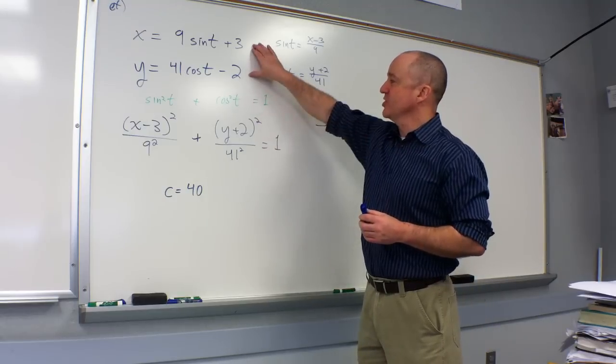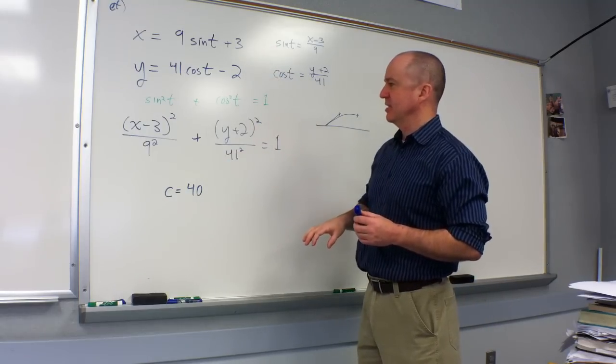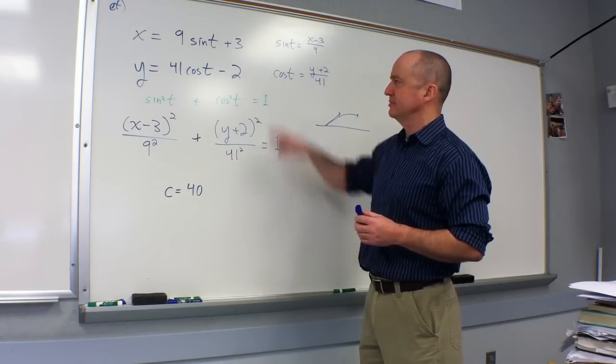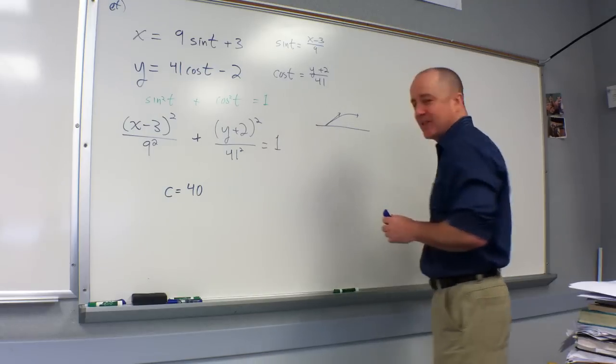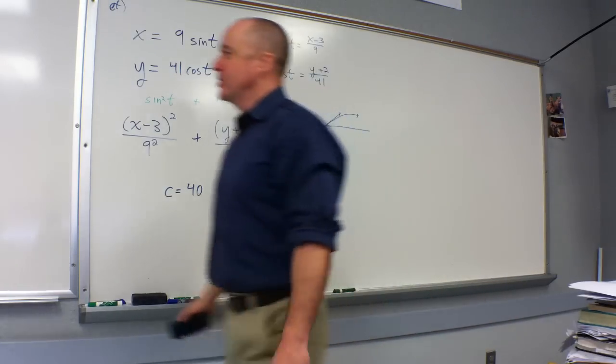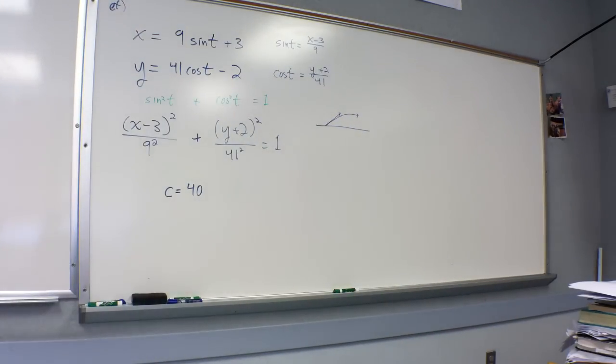But yes, you can take care of the shifts. And Michelle, it was very impressive looking at this and jumping to here, by the way. That was quick. Okay, so coming back over here for another example. I'm going to give you this identity in advance, which you should remember: 1 plus tangent squared theta equals secant squared theta.